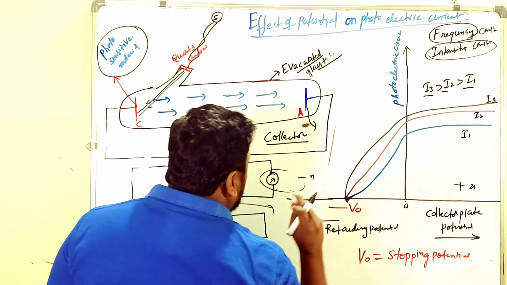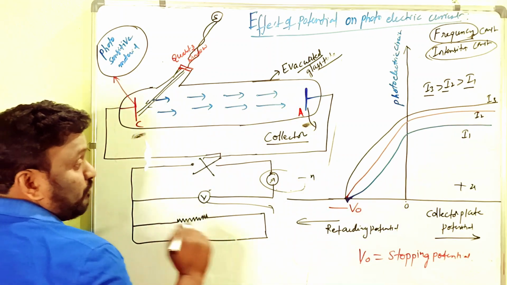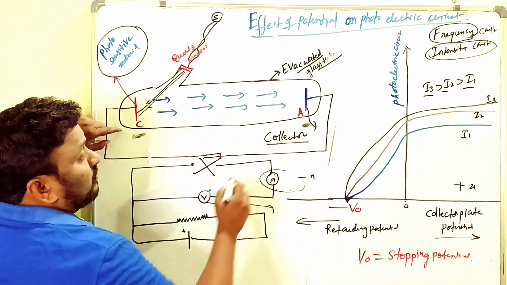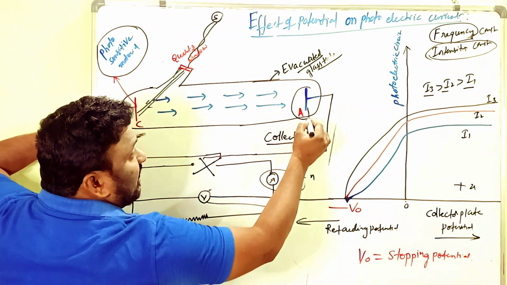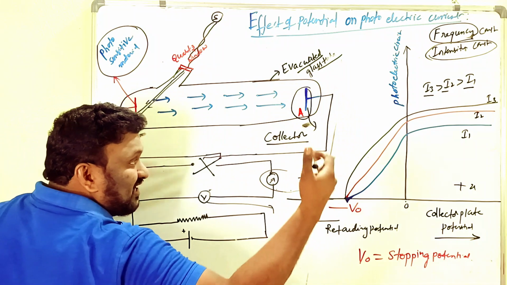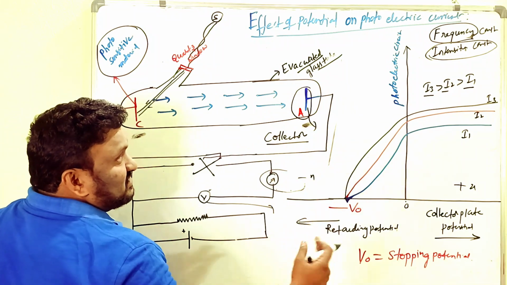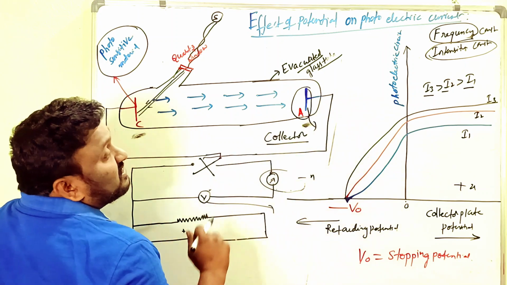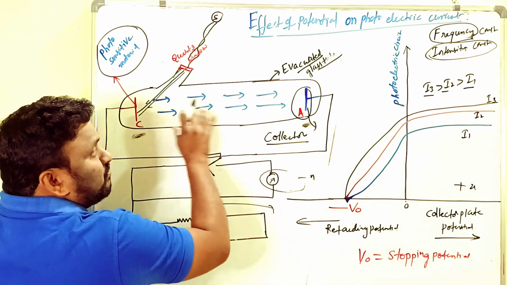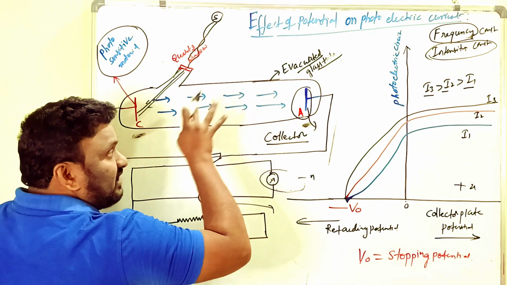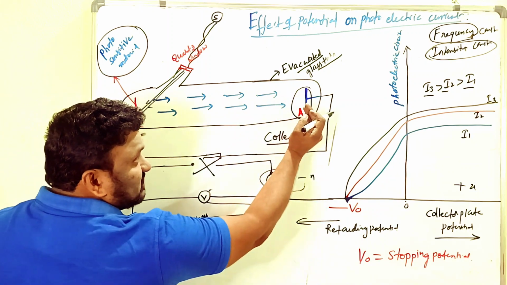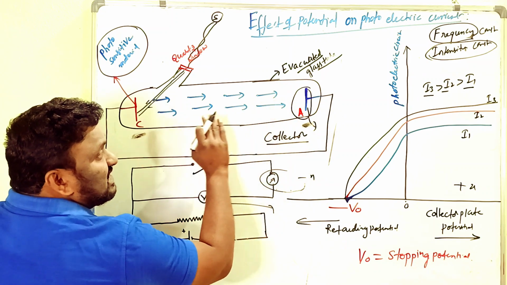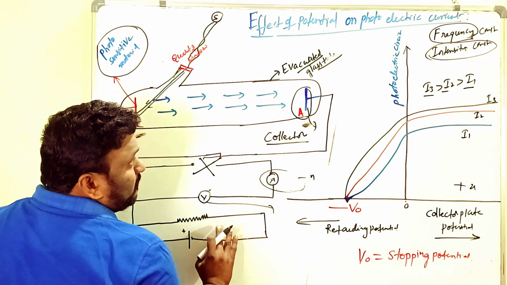Let's see what happens. For positive potential, as the potential of A increases, the positive value of A continuously increases, and the number of electrons reaching it also increases. When there is a small potential on A, it collects fewer electrons.